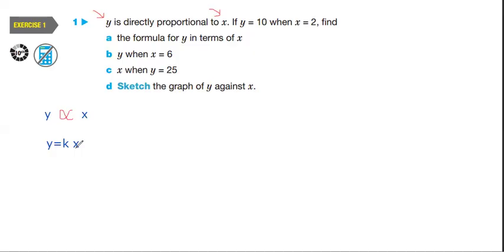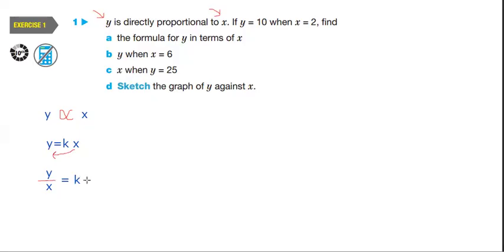The X is multiplied here, so I'm going to take it by dividing. So Y over X will equal K. And this happened because I took the X to the other side by dividing. Now I have Y over X equals K.